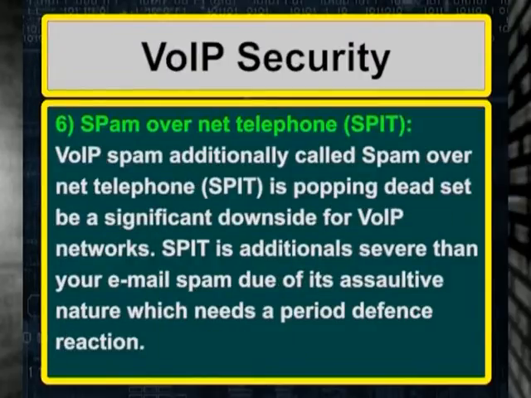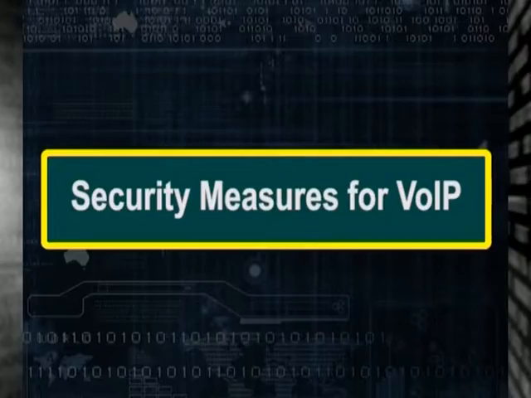VoIP spam, also called spam over Internet telephony, that is SPIT, is turning out to be a significant problem for VoIP networks. SPIT is more severe than email spam because of its assaultive nature, which needs a real-time defense reaction. What are the security measures for VoIP?